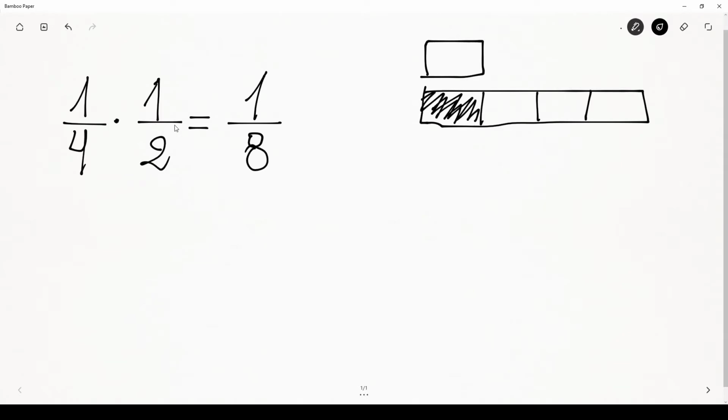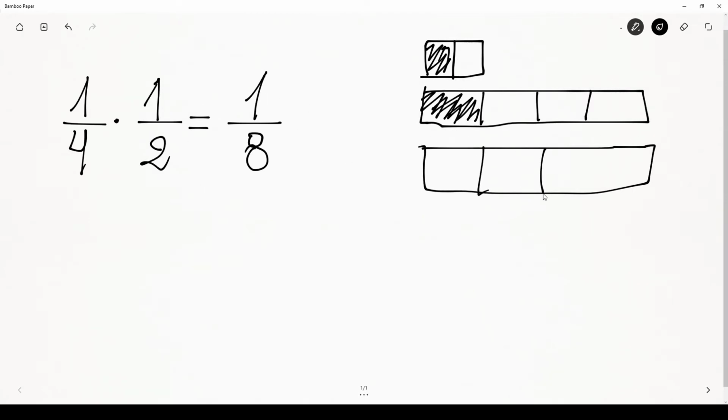We divide it again in 2 parts, and we take 1 little piece out of that. So what we have left is 1/8, which is the same as taking this whole thing, dividing it in 8 parts, and taking 1 out of those 8 parts.